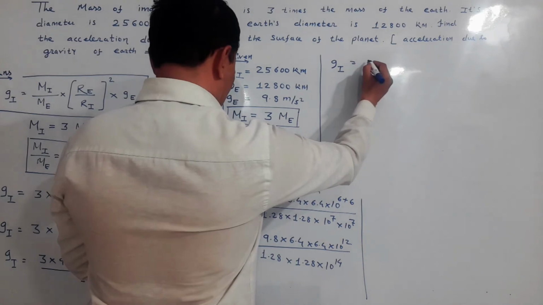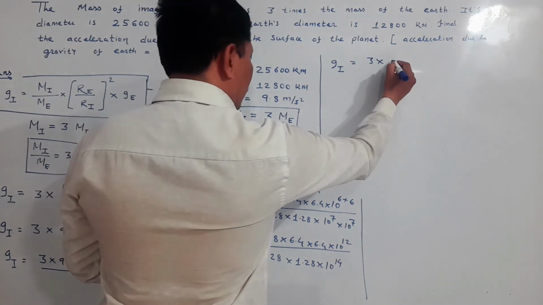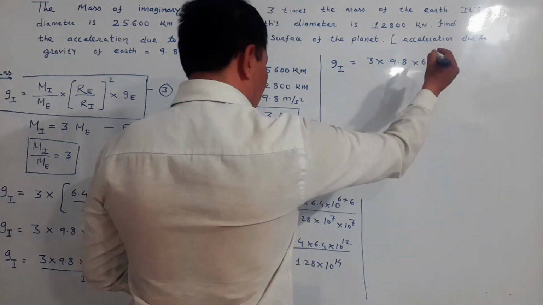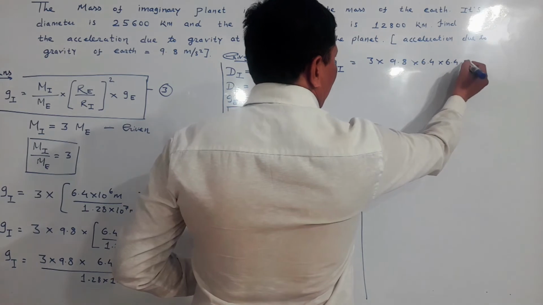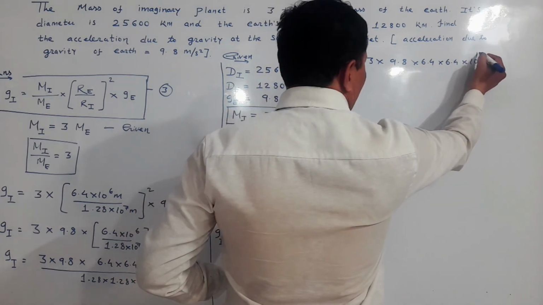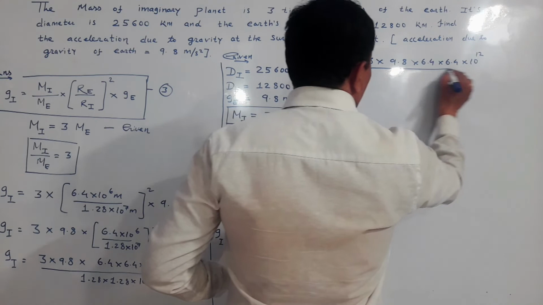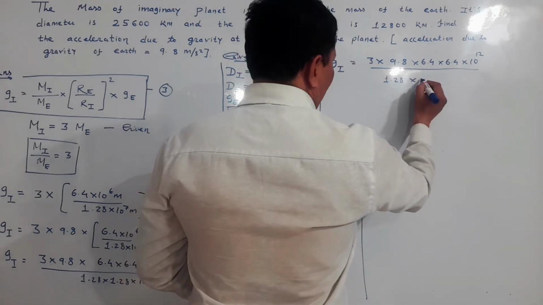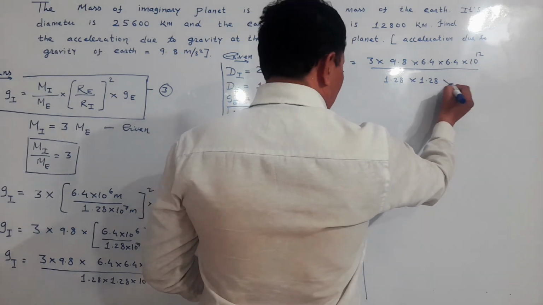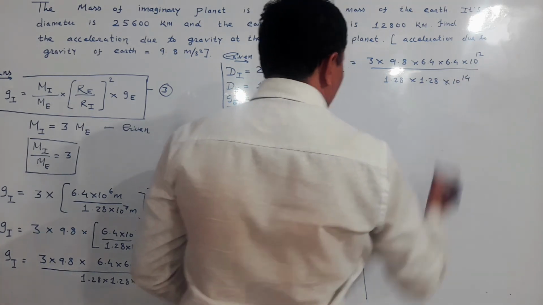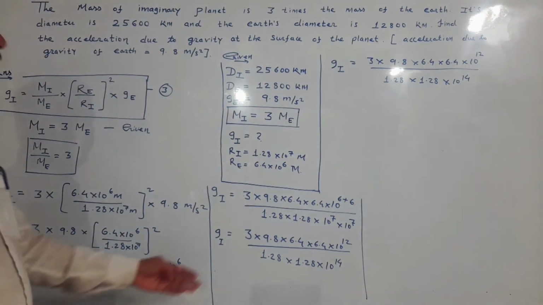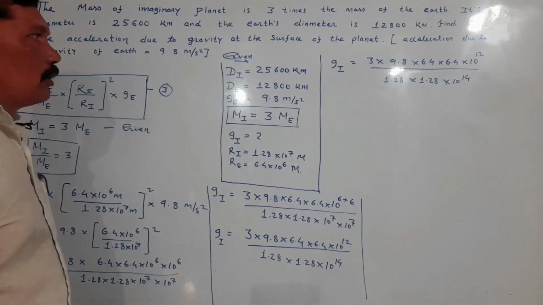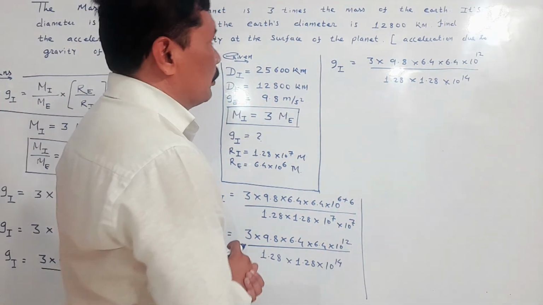Gi is equal to 3 into 9.8 into 6.4 into 6.4 into 10 to the power 12, divided by 1.28 into 1.28 into 10 to the power 14. My dear student, this equation I have written it again. Now my dear student, here we have to remove the point.